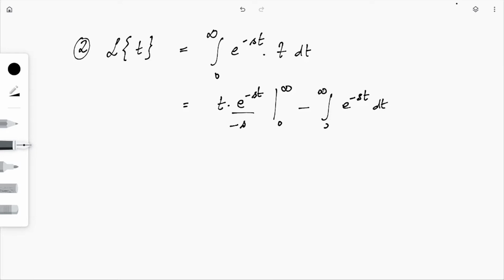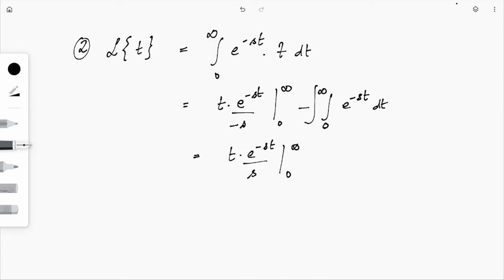So we get t into e raised to minus st by s, varying from 0 to infinity. I'm sorry, this is the whole integral.